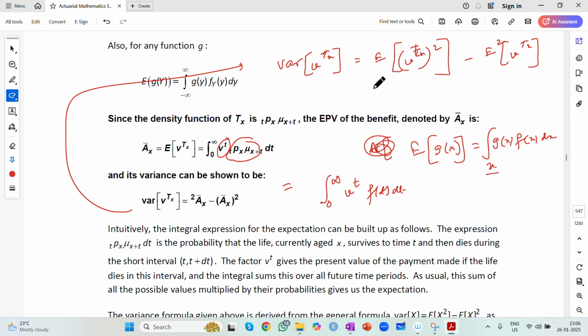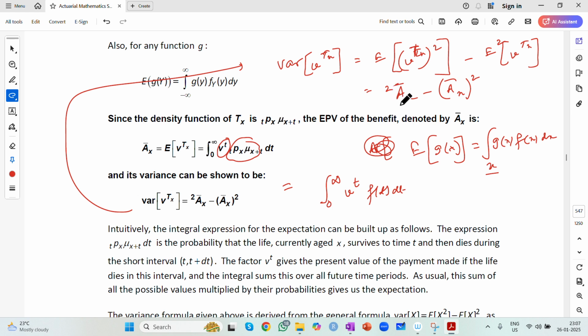And this can also be written as 2A-bar_x minus (A-bar_x) squared. So what we have done, friends, is that the variance will be the expectation of the function squared minus the expectation of the function whole squared.